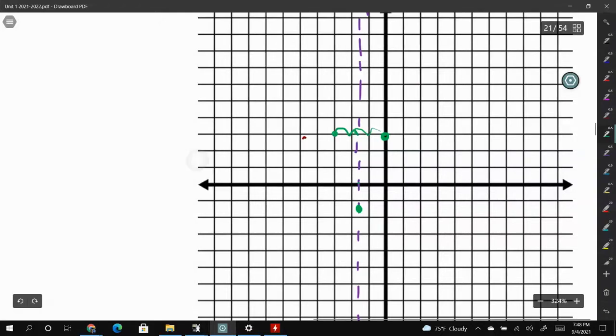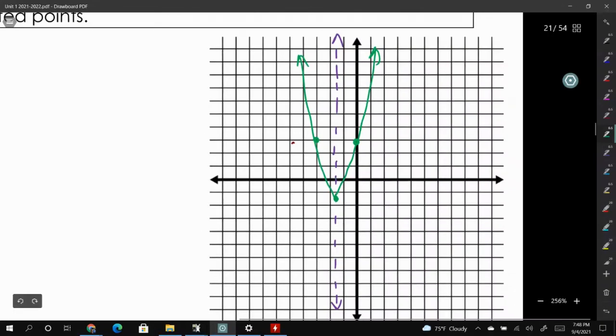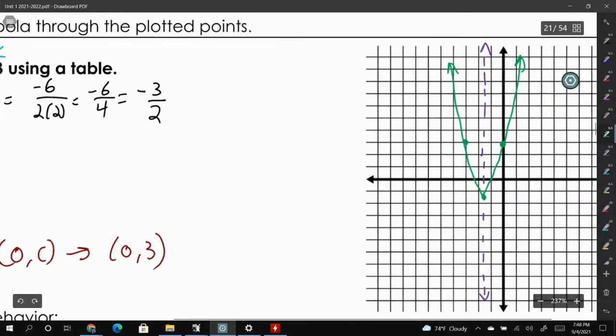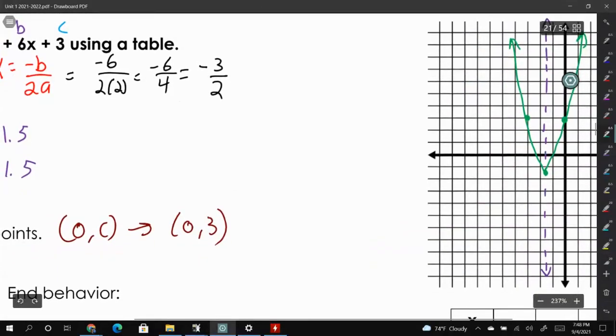And you see that our 2 points here are the same distance away from the axis of symmetry. And then we can graph it like this. Now, you could find another point and reflect it, but for right now, we can just do that because I know there's a lot of new things in here. So we're going to leave our graph like that.